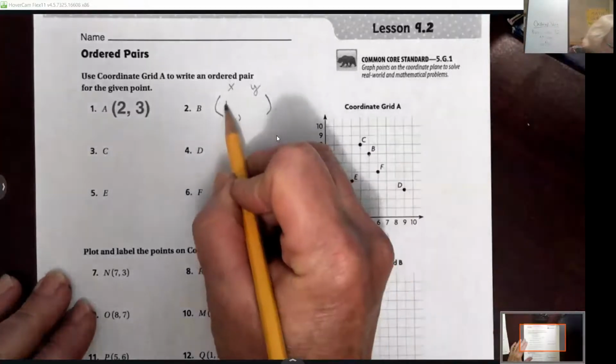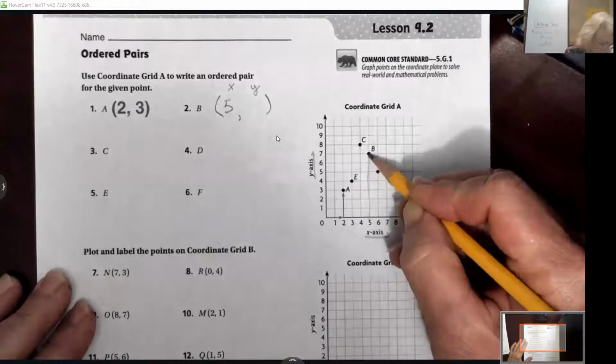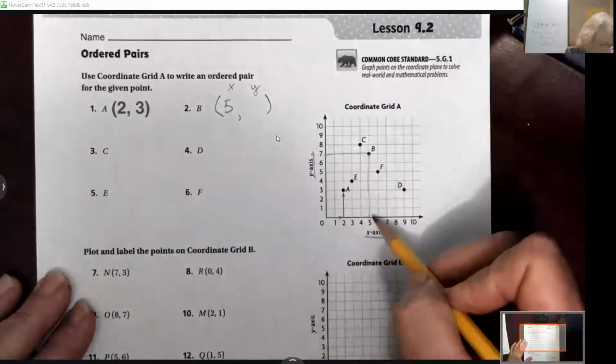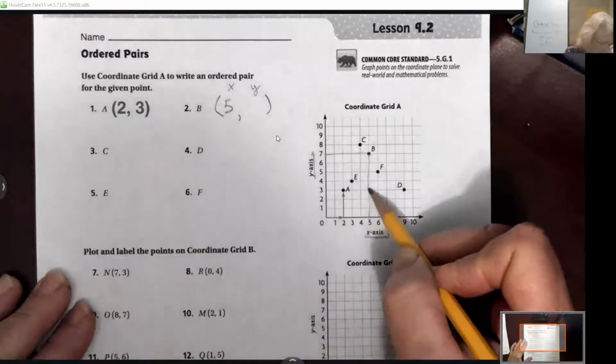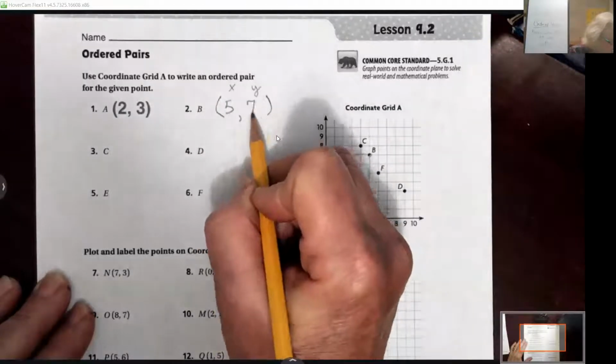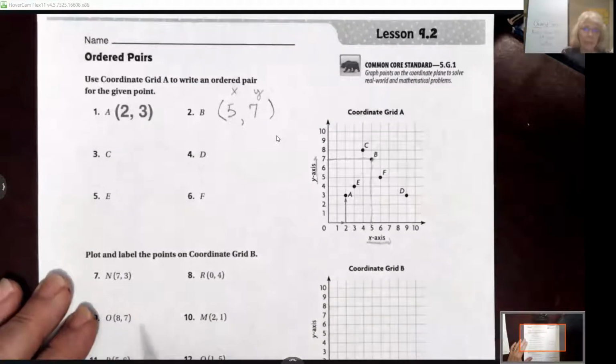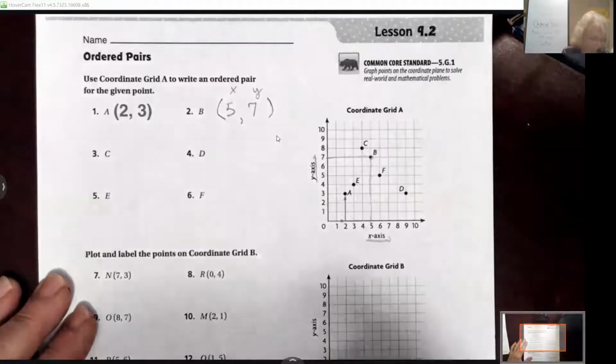So first 5 is our X, and from here we go straight up, and we see that we had to go up 7. 1, 2, 3, 4, 5, 6, 7. So the ordered pair for B is 5, 7.